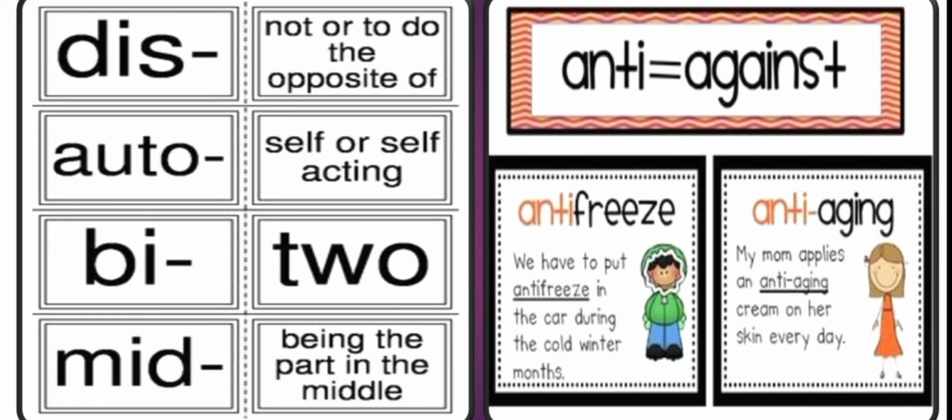And these are all math terms that we should understand. Mono means only one, and bi means two, and tri means three, and poly means more than three, or four or five, etc. Poly means many. So bi means two.